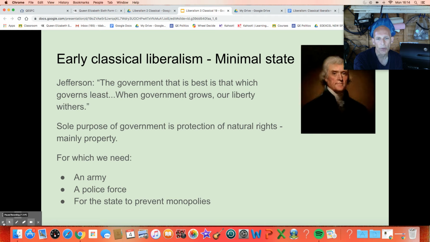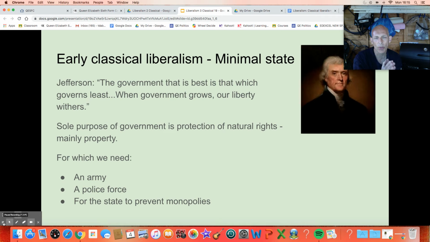Locke is the one who says that the sole purpose of government is to protect the right of property, and it shouldn't be there to do anything else. So, in other words, not to interfere in what you believe in and not to interfere in what you say as well, but also no other activities. So what do you need a government to do? You need it to protect your property by stopping invaders, so you need an army. You need to stop people who haven't got property coming and taking your property away from you, so you need a police force.